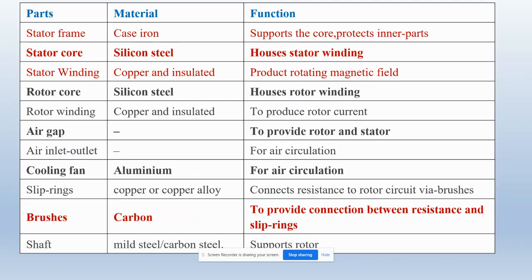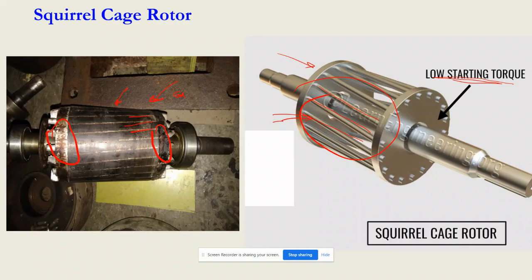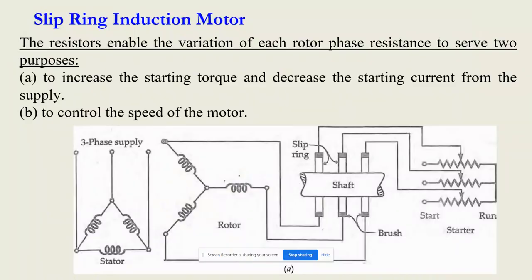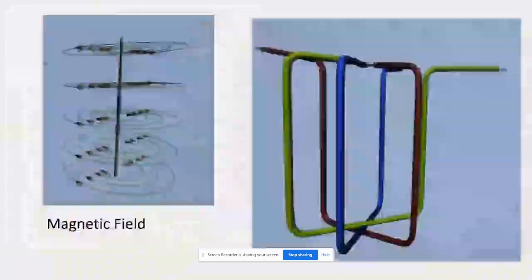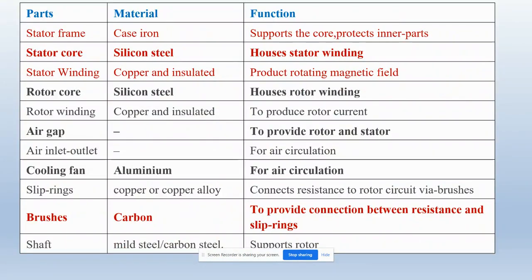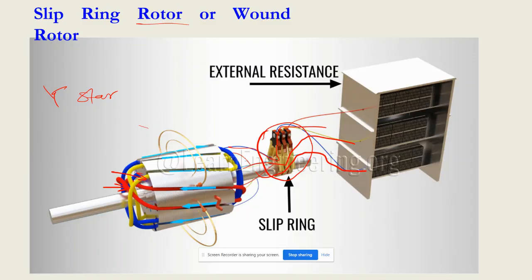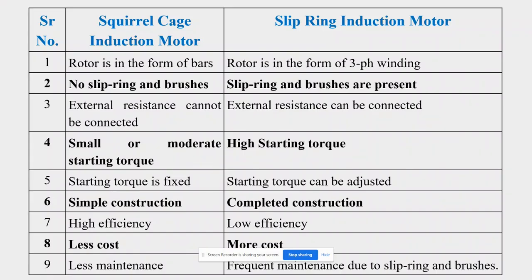Now, what is the difference between squirrel cage induction motor and slip ring induction motor? In squirrel cage, the rotor is in the form of bars.